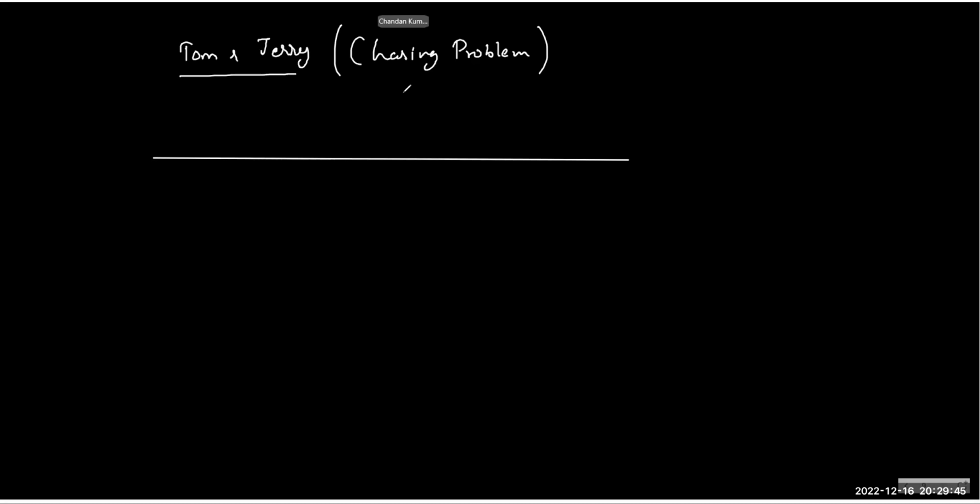So here Jerry is being chased by Tom. But Jerry is totally unaware of the fact that it is going to be caught. So let's say Jerry is moving with speed u.